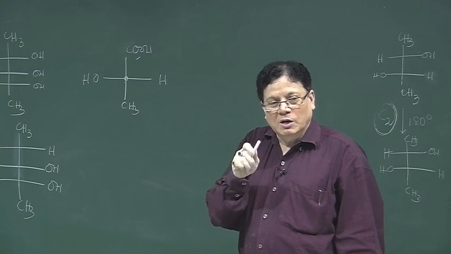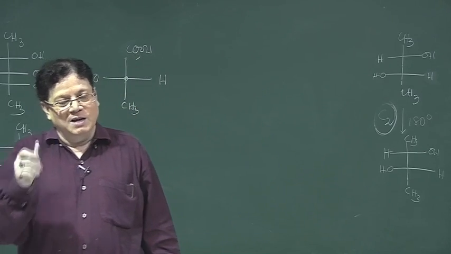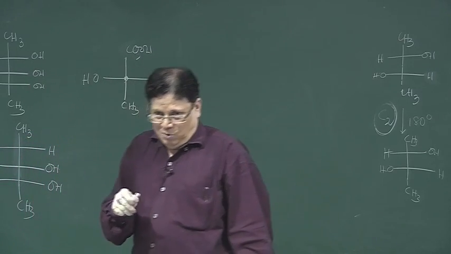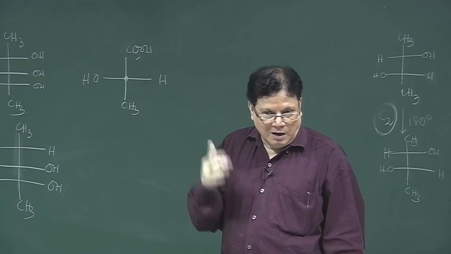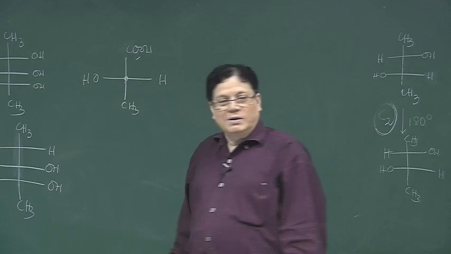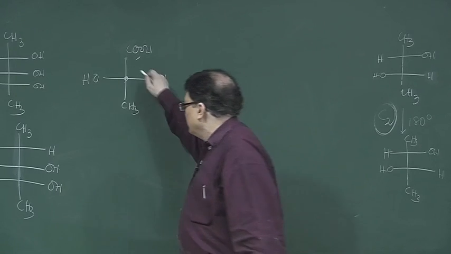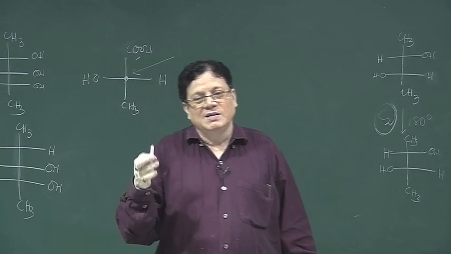Now, as I said again, people still call it a chiral center, books also write it as chiral center. So, the International Union of Pure and Applied Chemistry, that means IUPAC, which is the highest board, who actually gave the nomenclature system and also clarified the Cahn-Ingold-Prelog system of absolute configuration, what do they say? They actually took a middle path. They said that this may be called a chirality center.